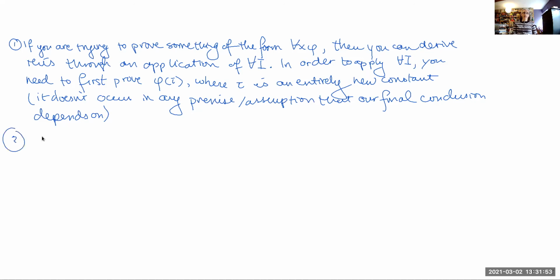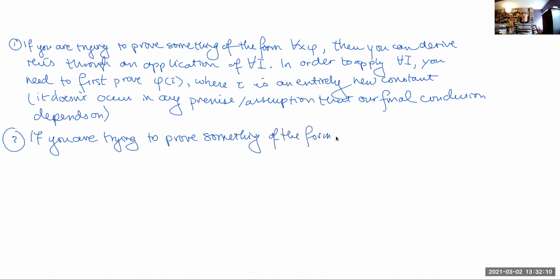So the other case is you're trying to prove something of the form exists x phi.